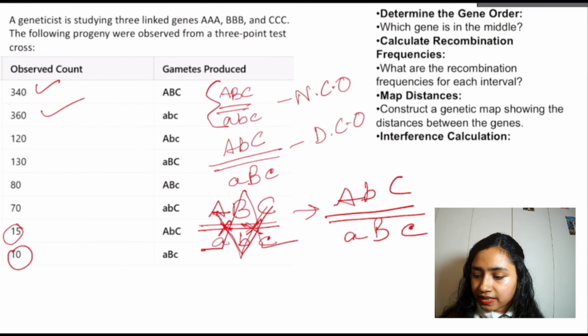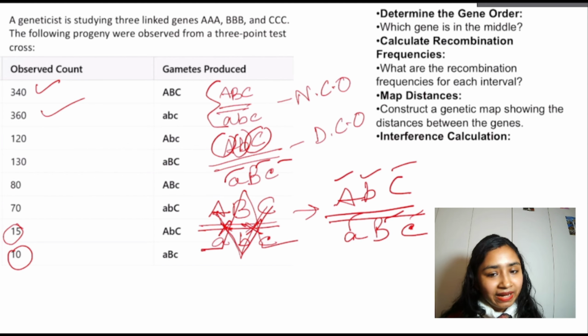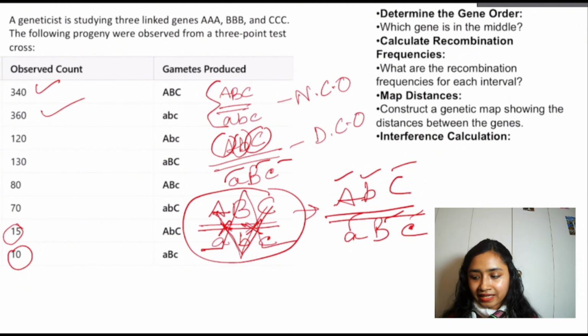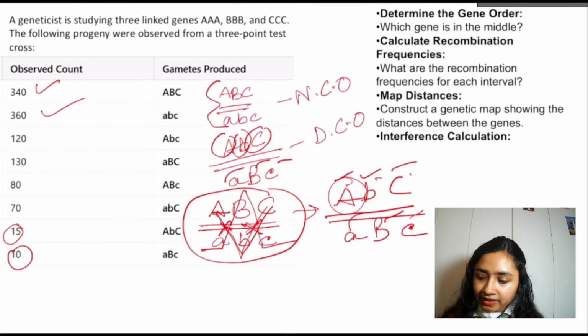Here you can see capital A, small b, capital C matched, small a, capital B, small c matched. So if the NCO configuration matches with the given DCO after you do this cross, then your gene order is the NCO's order, A, B, C. The middle gene is B.